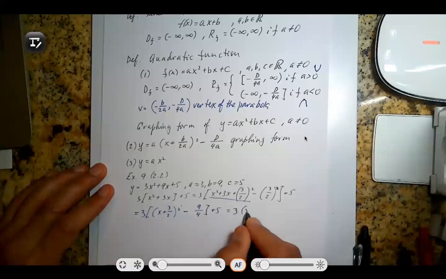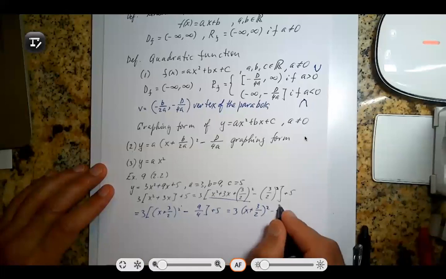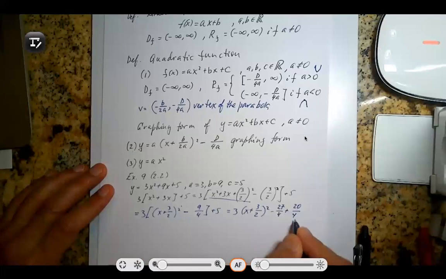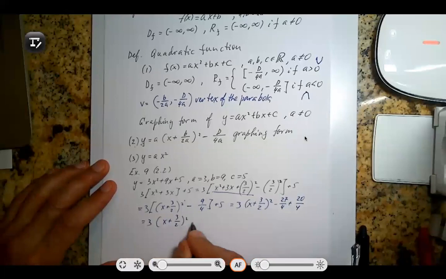Or expand this. Multiply by 3, you get negative 27 over 4 plus 5, which is 20 over 4. So I get 3 times x plus 3 halves squared minus 7 over 4.